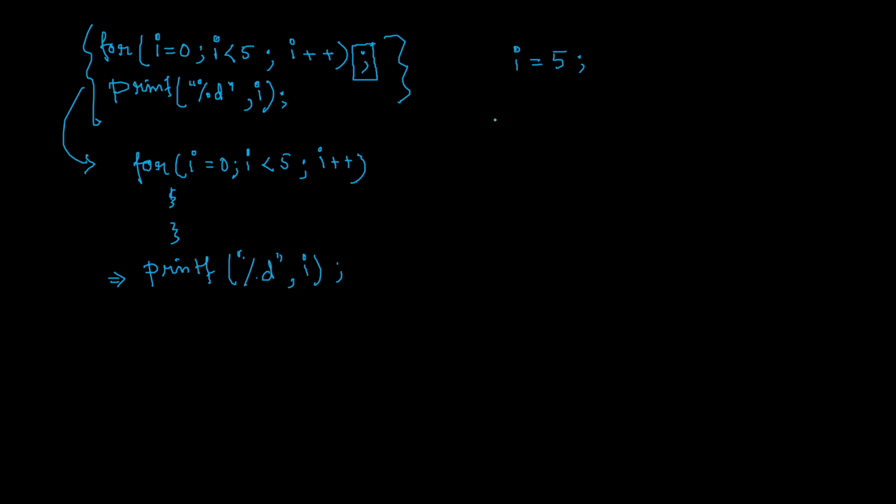So sometimes there will be different options. For example, A can be given something like 0 1 2 3 4, B will be given syntax error. I'm telling you, if this is an MCQ in your exam, then the options can be something like 0 1 2 3 4, syntax error, the correct one that is 5, and maybe the other is none of the above.